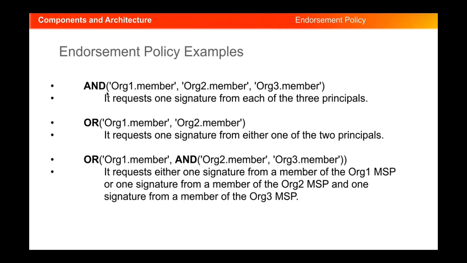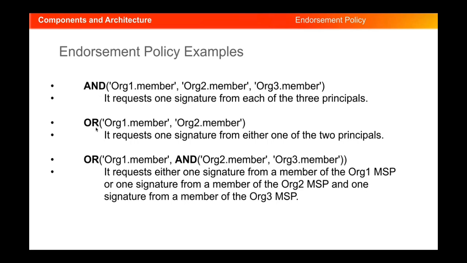So from this, you can read this policy as follows. In order for this transaction to be valid, the policy requests one signature from each of these three principals. So why each of the three principals? Because you have AND as an expression.